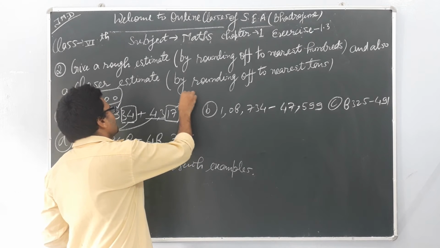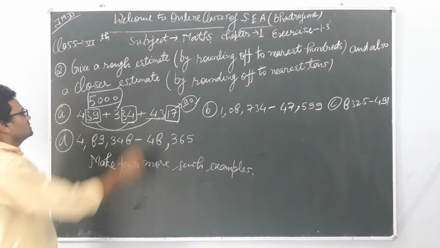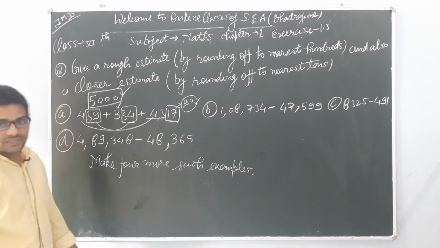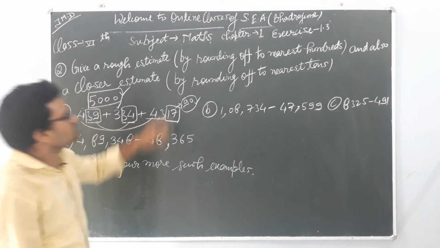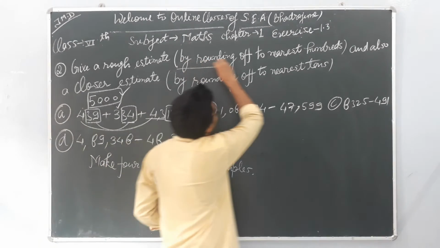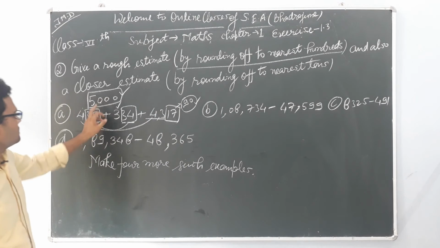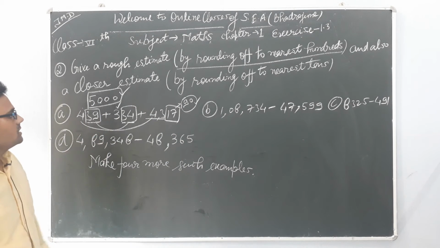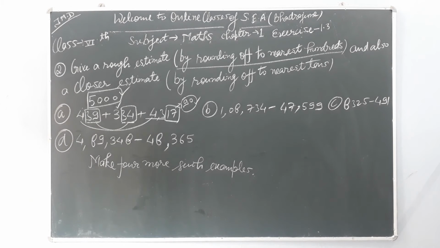Now this is 90. So here we are seeing this is 5000 for the closer hundreds, since we are asked to round off to nearest hundred. So the nearest hundred is 5000 and nearest ten is 90.